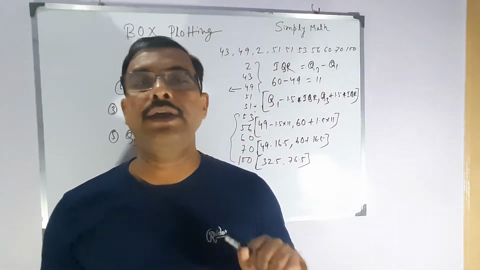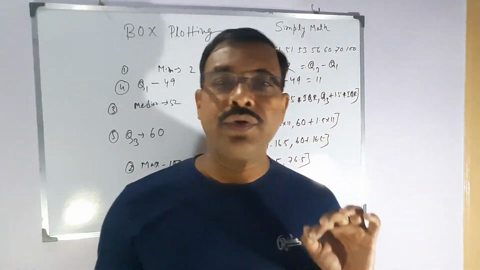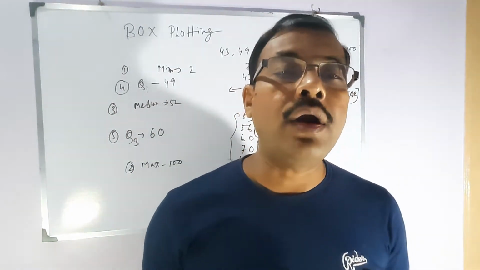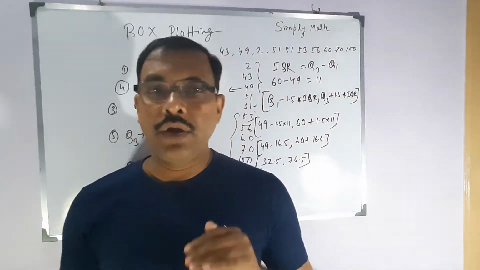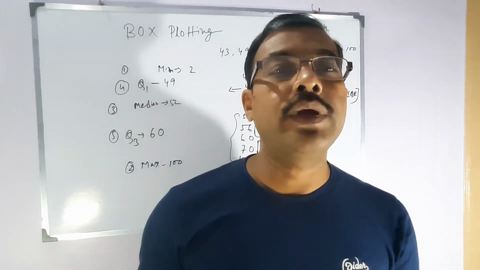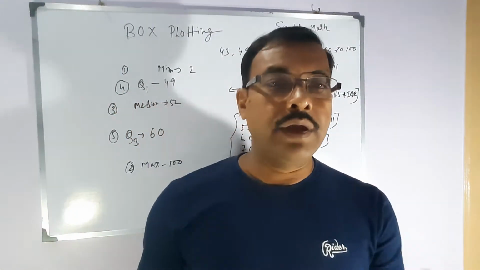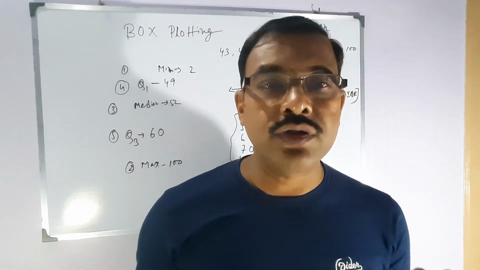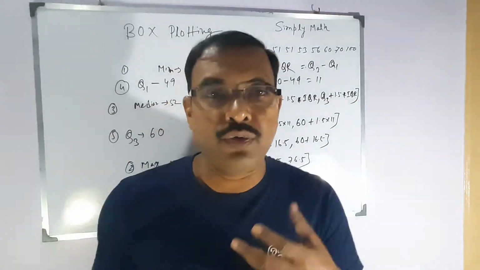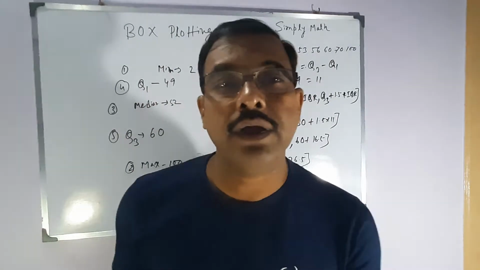In your programming language like Python, if you use libraries like pandas and numpy, you will get the already built-in function, and we may use that quantile function. Just put the value 0.25, then you will get the Q1. You put the value 0.50, then you will get median. If you put the value 0.75, then you will get the Q3.